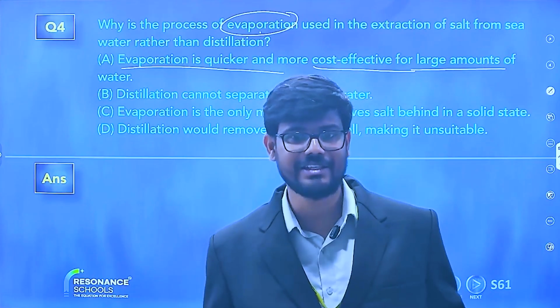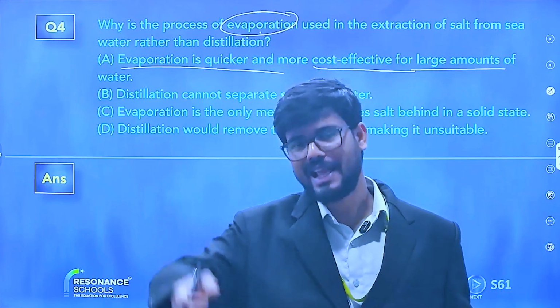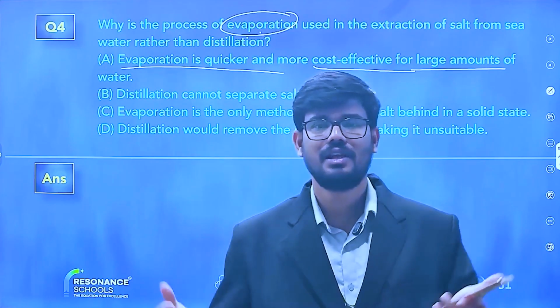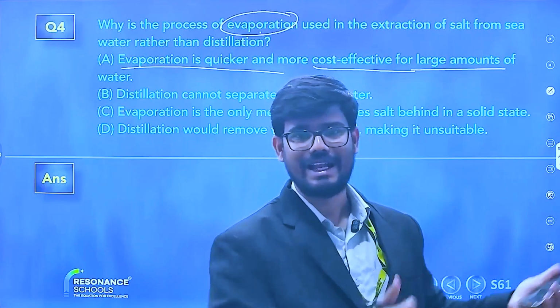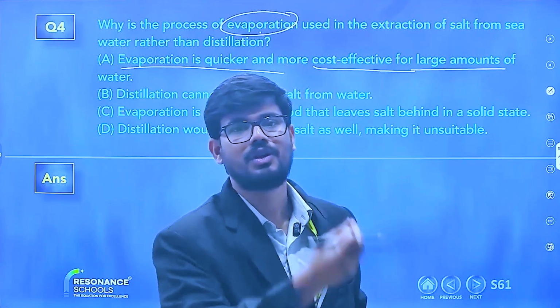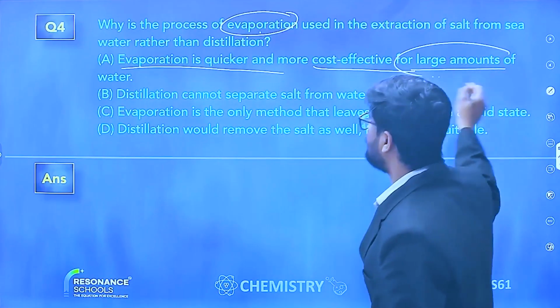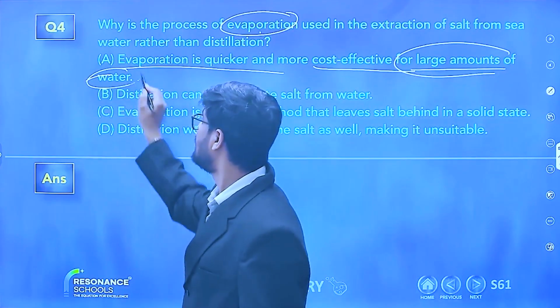A huge amount of energy, right? A lot of gas cylinders you have to use, right? That is very costly. But if you just put all that water under sunlight, slowly all the liquid water will be evaporated, right? So that's why for a large amount of seawater, evaporation will be much more effective.